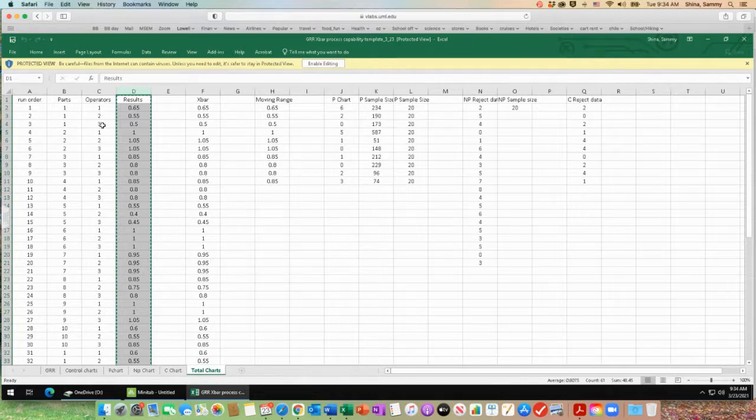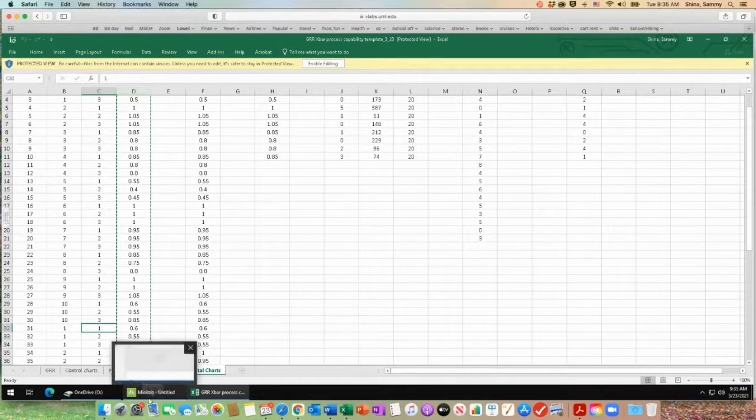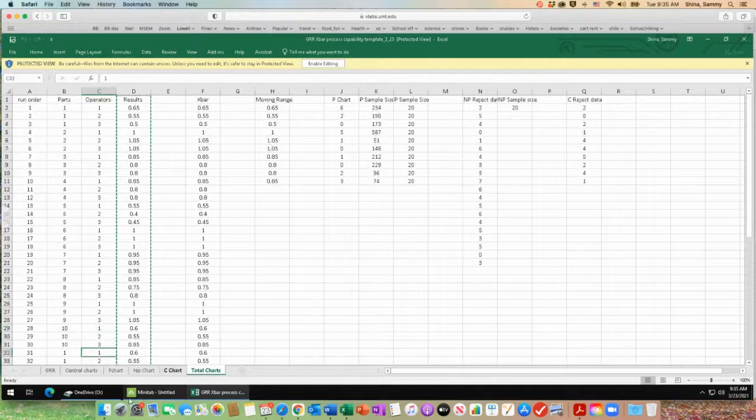So you have operators 1, 2, 3 for part 1, 1, 2, 3 for part 2, 1, 2, 3 for part 3, etc., till we get to 30. When we get to 31, it starts repeating itself. Essentially, the second 30 is at the bottom of the first 30 in the Excel. So we copied column D, which we're calling results.